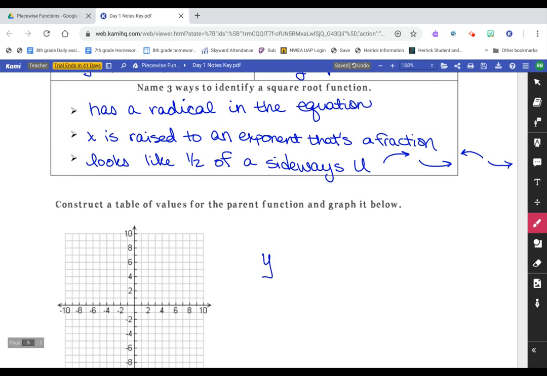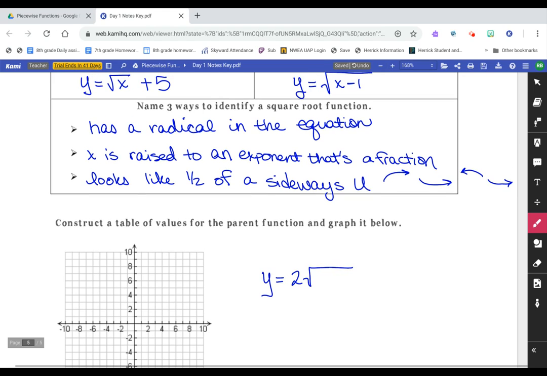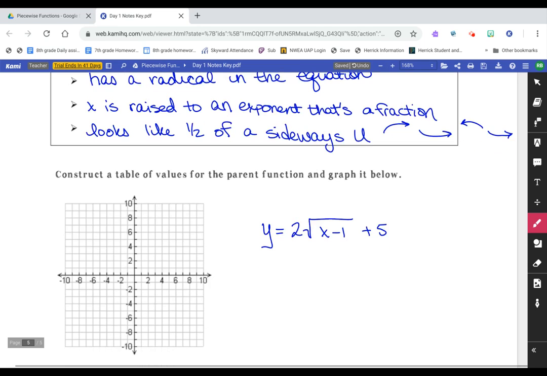We have y is equal to, and let's actually vertically stretch it. Let's do 2 and then the square root of x minus 1 inside as the radicand, plus 5. So the parent function, as we drew already, looks like this. Okay, so this means we're going to go right 1 and up 5.